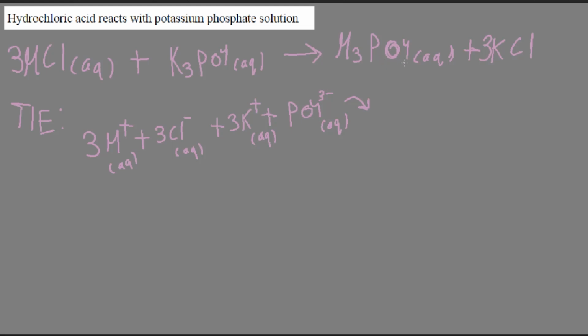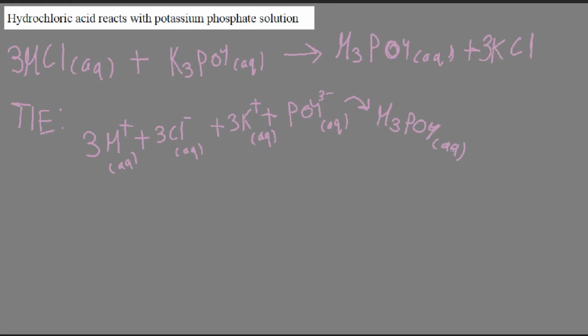So H3PO4 is not a strong acid. It's a weak acid, so it doesn't actually dissociate. I will have a video covering acids and bases in the future, but I'm assuming you're doing stoichiometry after the acids and bases unit. So unless your school curriculum is different, yeah, this is a weak acid. So it stays as is, but we're going to write it as aq because saying it's solid would be kind of wrong.